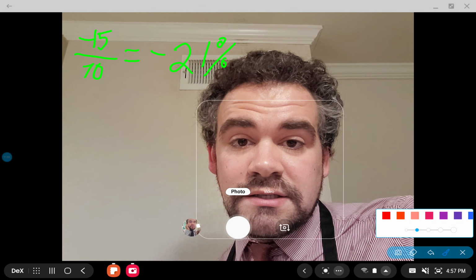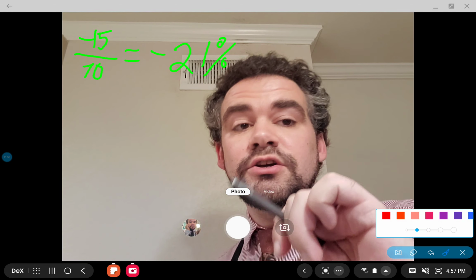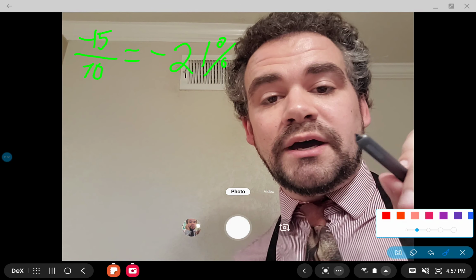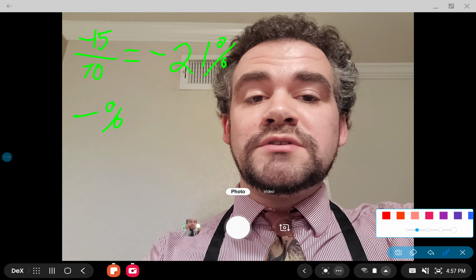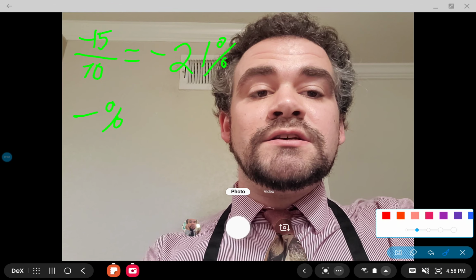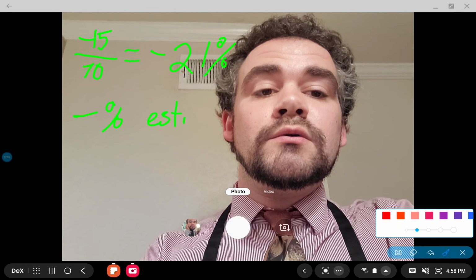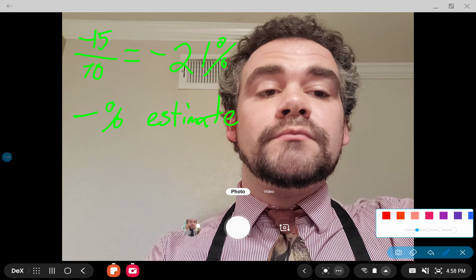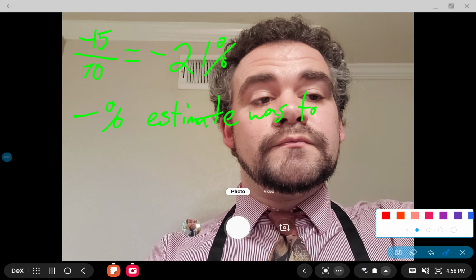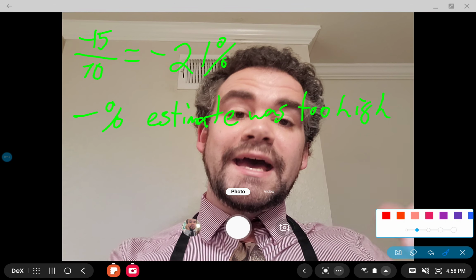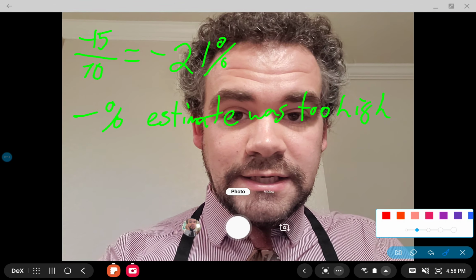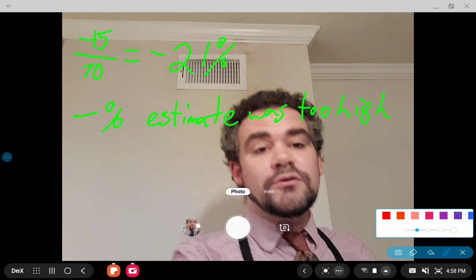So here's some big ideas with percent error. You're going to have negative percents and you're going to have positive percents. A negative percent, when you're talking about percent error, means your estimate was too high. In other words, the actual value was lower than you were guessing. Your actual value was less than you expected.